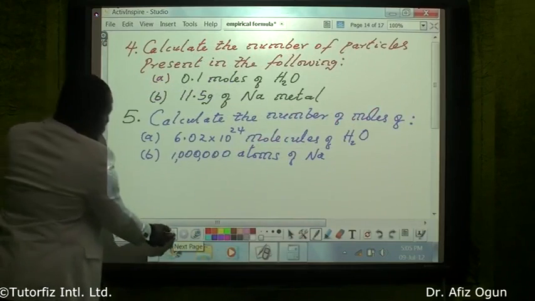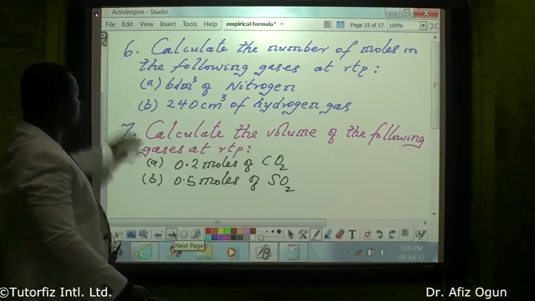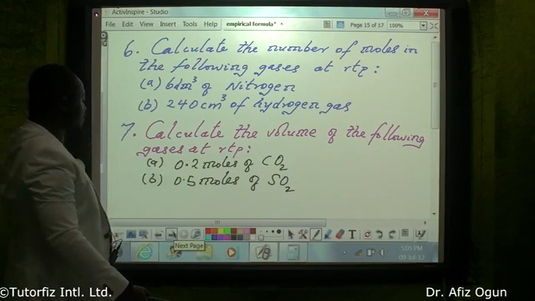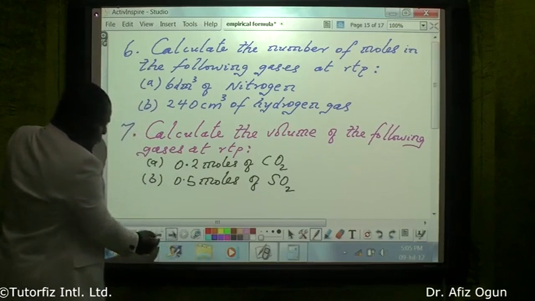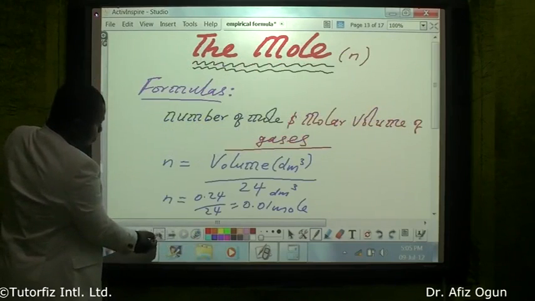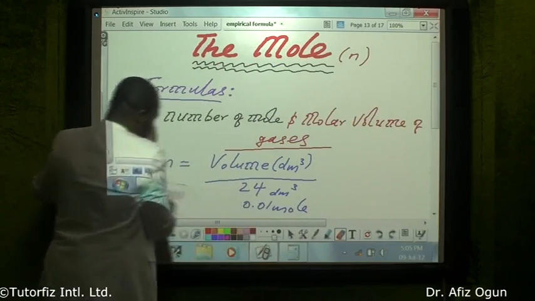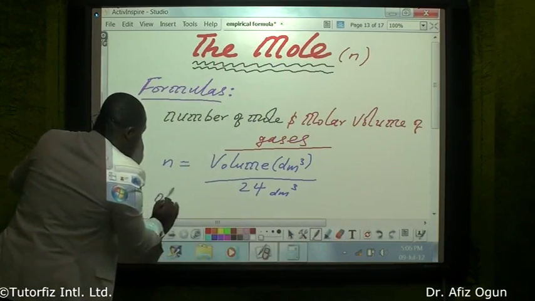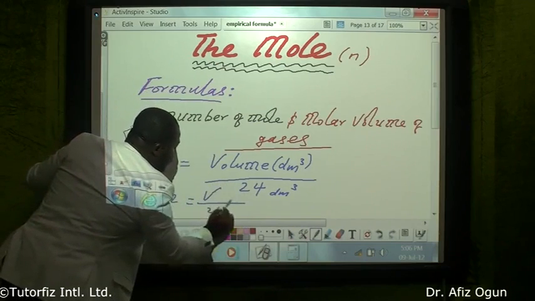Now, calculate the volume of the following: 0.2 moles of carbon dioxide at RTP. Now we have been given the number of moles. 0.2 equals, we are looking for volume, divided by 24.